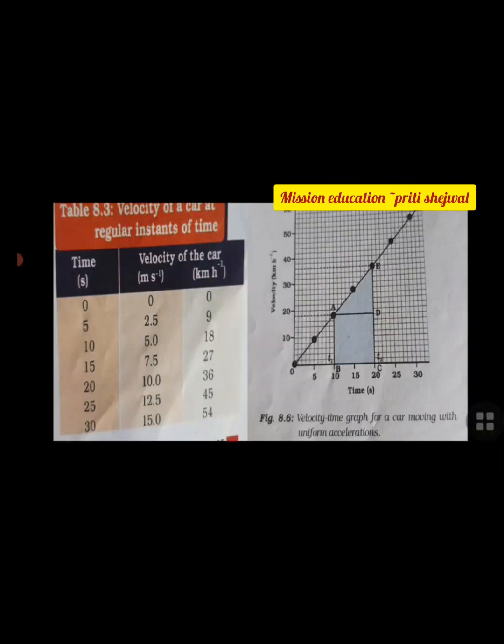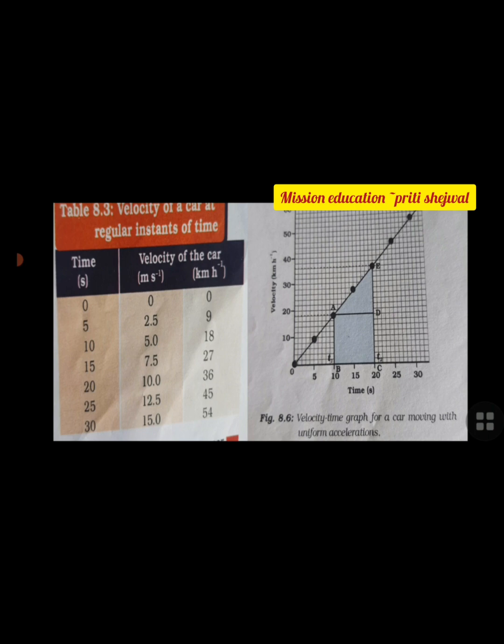In your textbook, a uniformly accelerated motion example is given. Table number 8.3. So you can see here at 5 seconds the car velocity is 9. Again after 5 seconds, that is 10 seconds, the velocity of the car is 18. Means a 5 second difference is there.